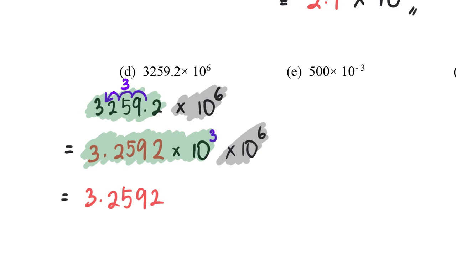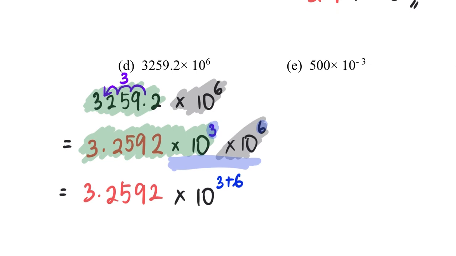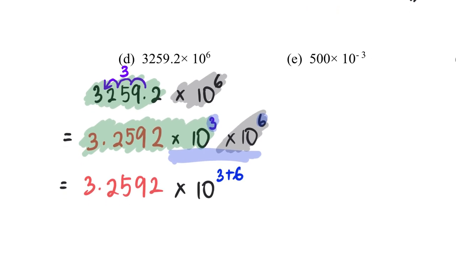My job now is to simplify the same base 10, and that will be 10 to the power of 3 plus 6. So finally, this will be the answer for part D: multiplied by 10 to the power of 9.